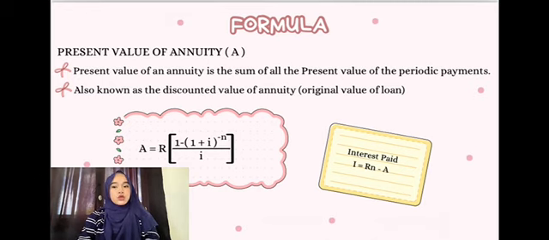So in chapter 2, the formula we can use is A = R[1 - (1 + i)^-n]/i, and don't forget about interest paid. The formula we can use is I = Rn - A.